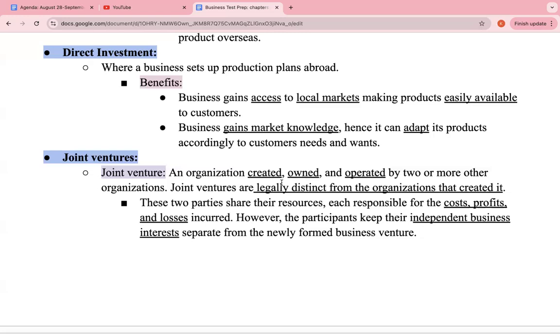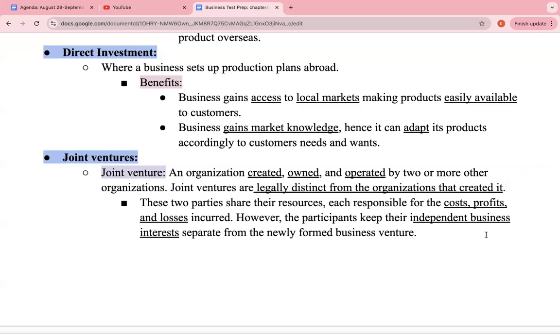Now we have joint ventures. You should know joint ventures from section 1.5. Basically, a joint venture is an organization which is created, owned, and operated by two or more organizations. Joint ventures are legally distinct from the organizations that created them. So let's say company A and company B created company C. Company C is independent from company A and company B. They're two different things legally speaking.